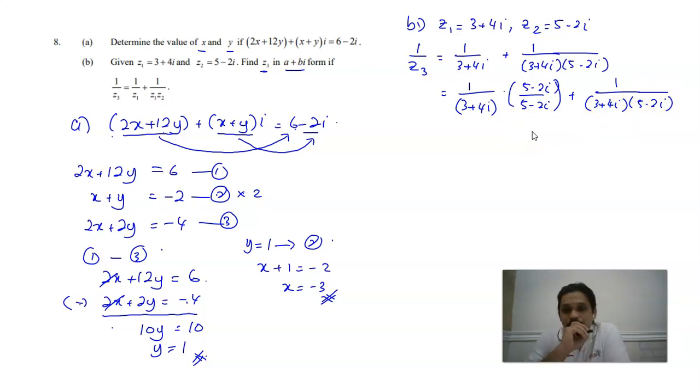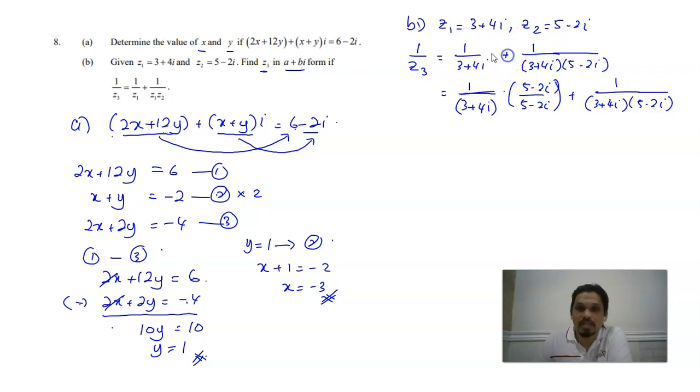Class, don't get confused. Why is there only, we call 3 plus 4i multiplied with this 5 minus 2i on the denominator side only, but for this one, we multiply with 5 minus 2i top and bottom, above and below? Why? First of all, this one has already been given in the question.